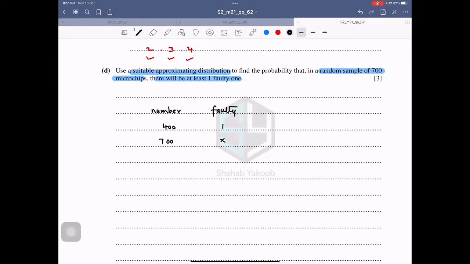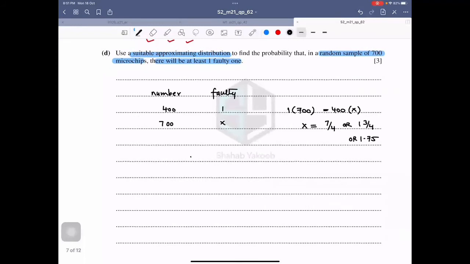So therefore, I can say 1 into 700 is equal to 400 into x. Therefore, x is basically 7 over 4, which is 1 and 3/4, which is 1.75. So for this part, I can say X follows a Poisson distribution, 1.75, at least 1.